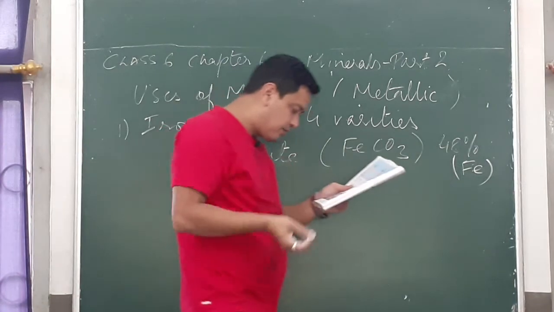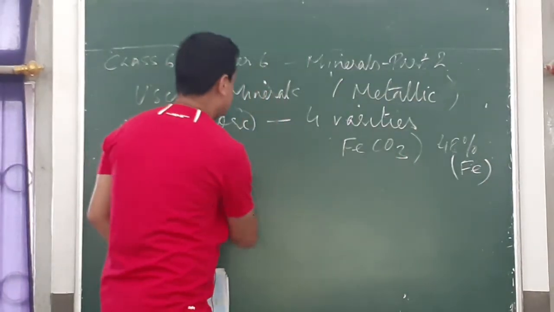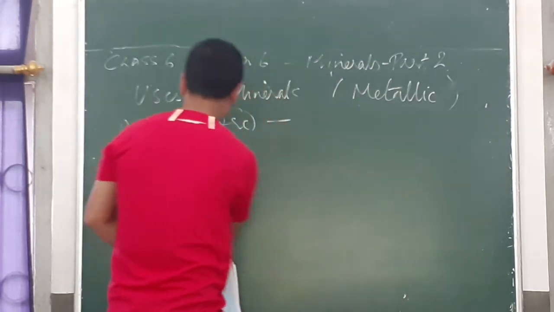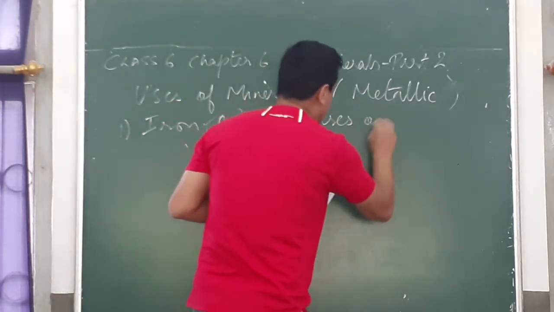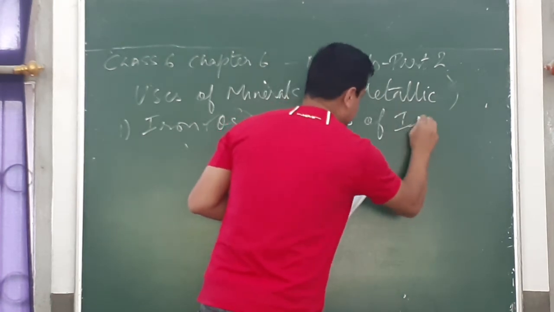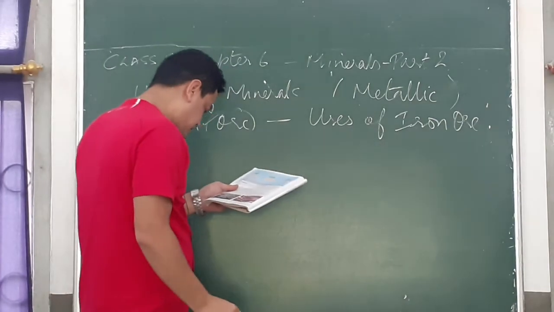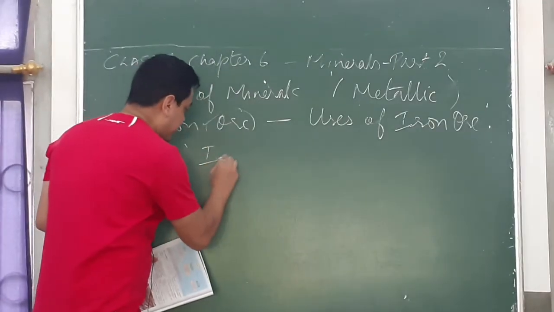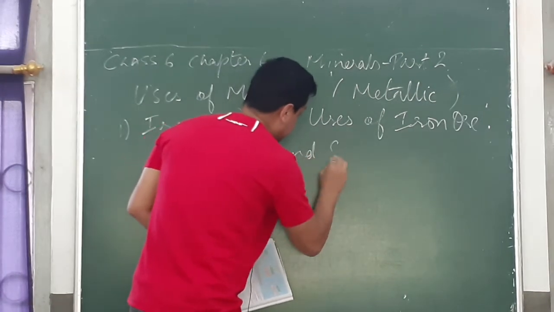Now, whenever we are talking about iron and its uses, I'm writing out uses of iron ore, for your basic understanding. Number one, it is used to make iron and steel.